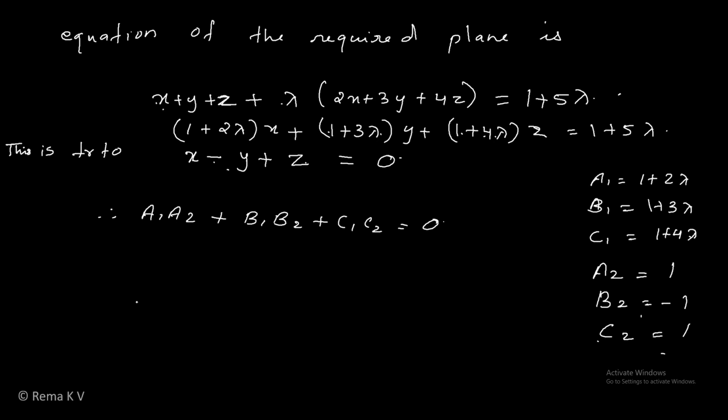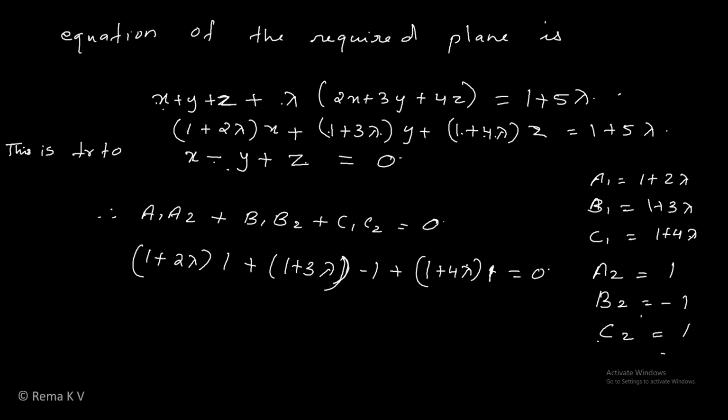Substitute the values and get the value of lambda. 1 plus 2 lambda into 1 plus 1 plus 3 lambda into minus 1 plus 1 plus 4 lambda into 1 is equal to 0.